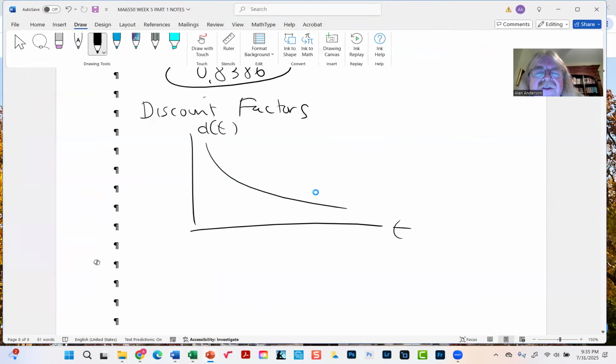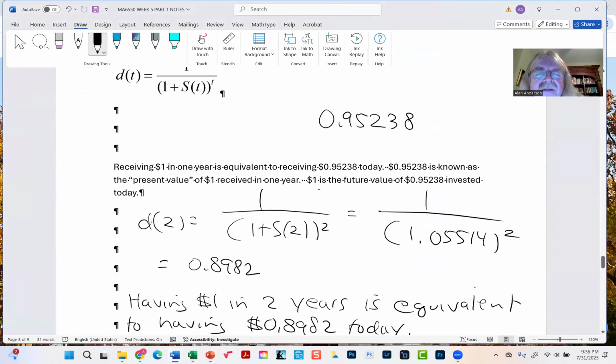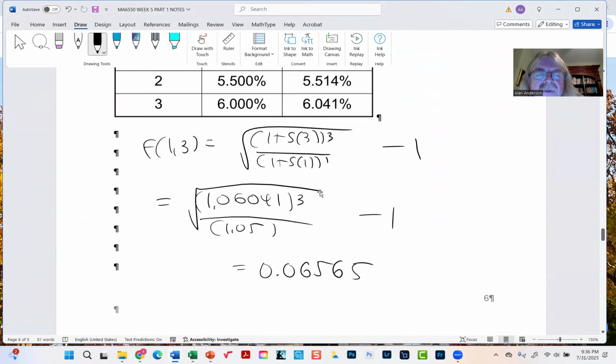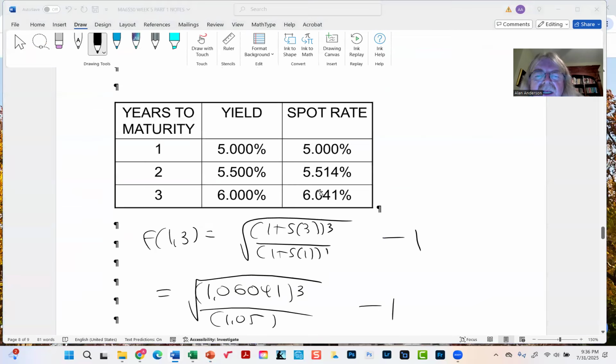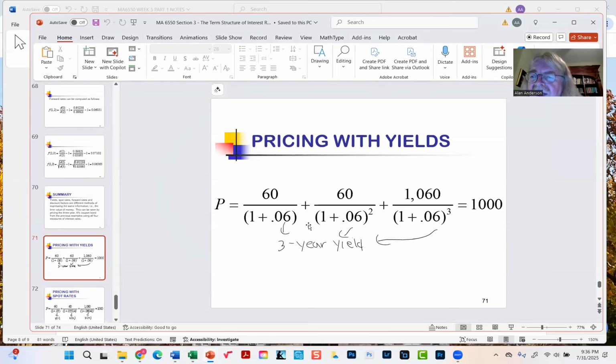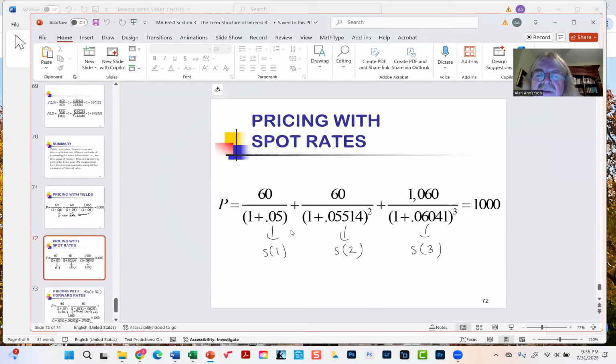Let's go get that chart for a second and confirm that. Right. So you're discounting those cash flows with the 3-year yield, and you do end up with $1,000. With spot rates, it's 1 plus S1, then 1 plus S2 squared, 1 plus S3 cubed. Even though the numbers are different, you can see it still adds up to 1,000.